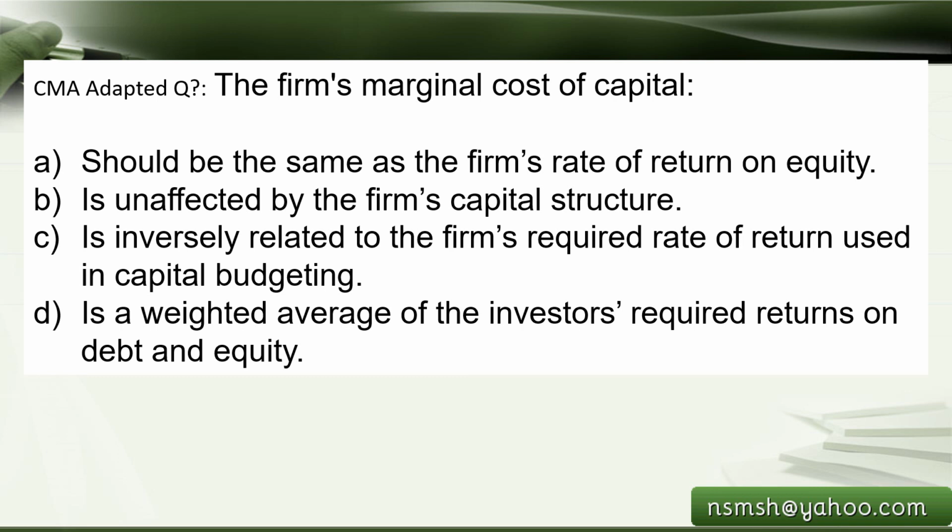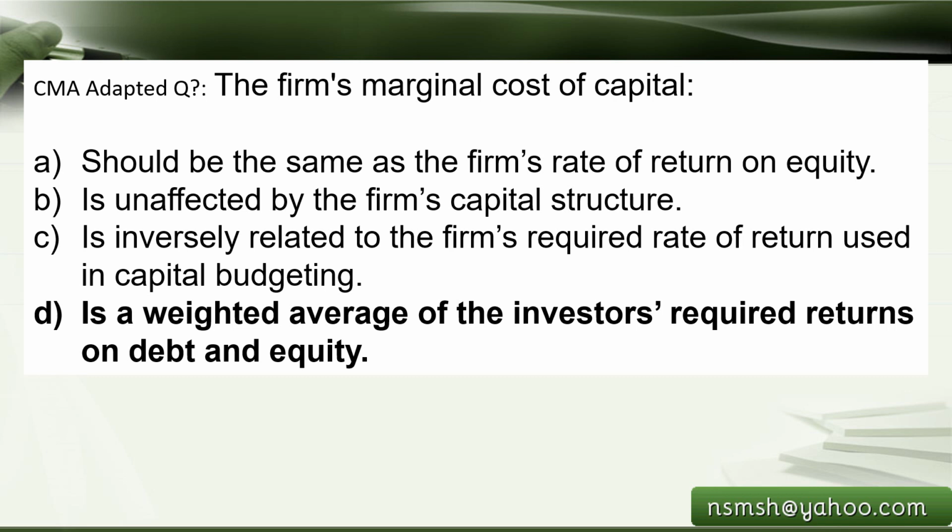Okay, let's see one CMA adapted question. The firm's marginal cost of capital should be the same as the firm's rate of return on equity, or is unaffected by the firm's capital structure, or is inversely related to the firm's required rate of return used in capital budgeting. Option D is a weighted average of the investor's required return on debt and equity.